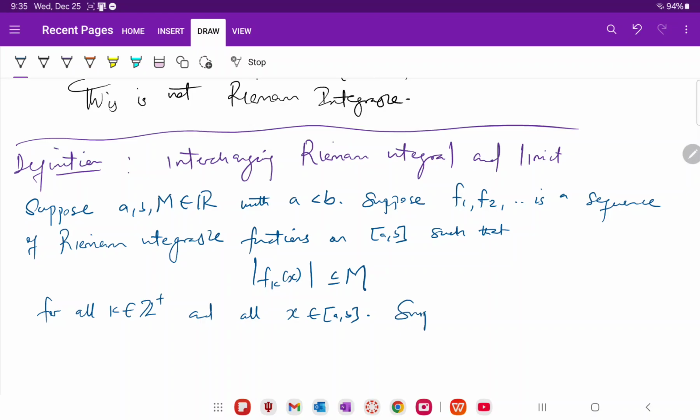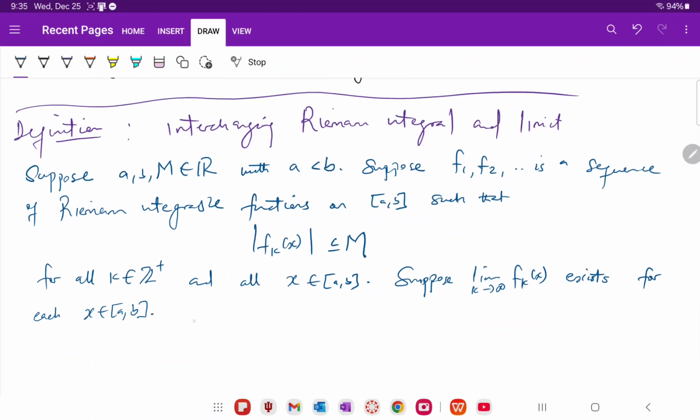Suppose the limit as k tends to infinity of f_k(x) exists for each x that belongs to [a, b].